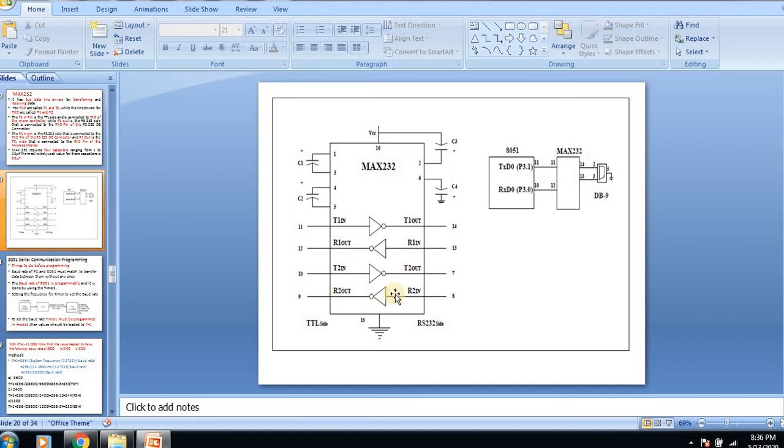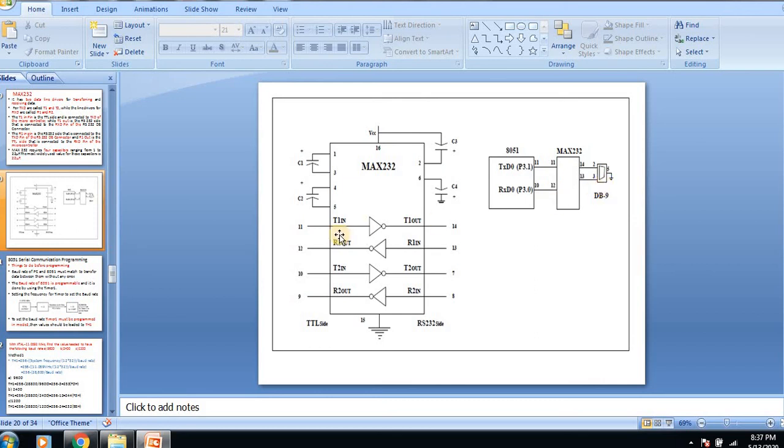Now we can see here, this is the TTL side and this one is the RS-232 side. TTL side means these pins are connected to the 8051, and the RS-232 side means these pins are connected to the DB9 IO standard.